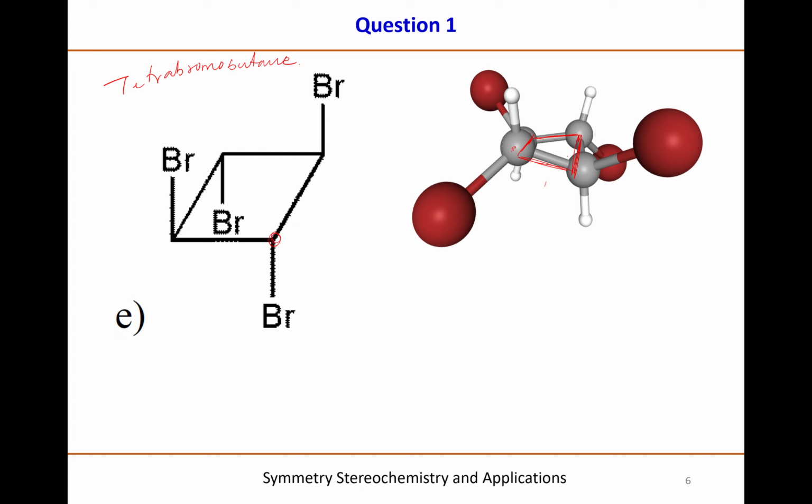So the bromide is going downside here, and the next carbon is this one where it is going upside, right? And then again here it is downside, here it is downside, then this one is upside. Okay, imagine it this way. I hope you are able to imagine this molecule.